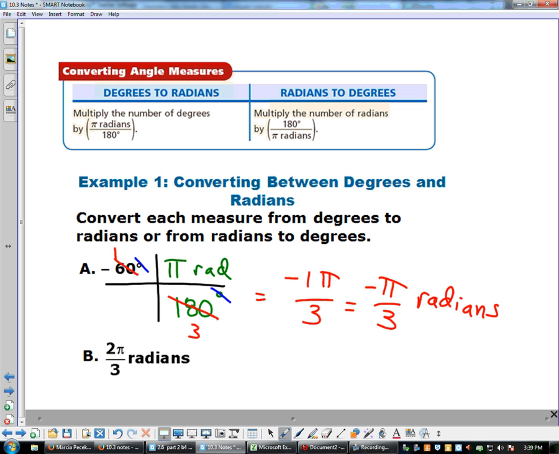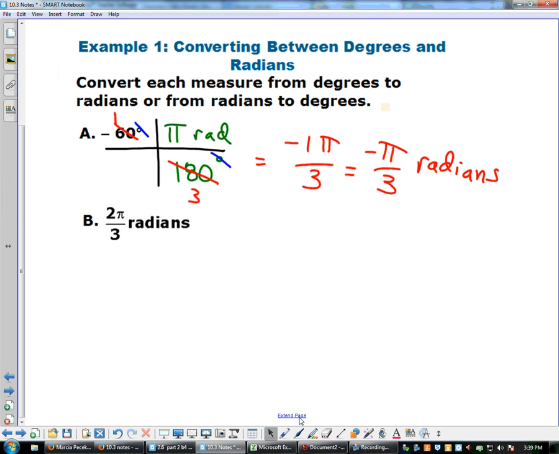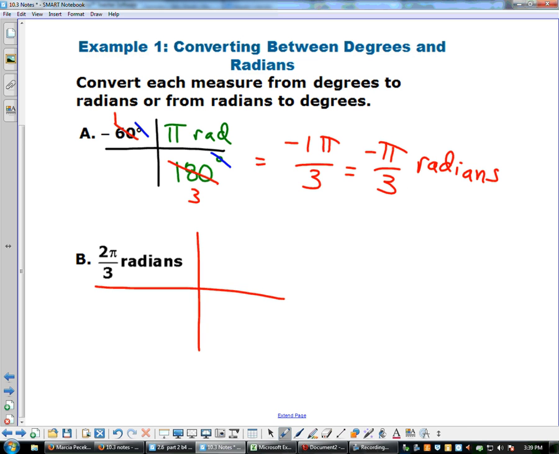All right, what about converting the other way? What if we've got 2 pi over 3 radians and we want to convert that to degrees? Again, if we make a little T-chart here, we can say we want to multiply by 180 degrees this time over pi radians. Radians divide out, leaving us with degrees as our unit.